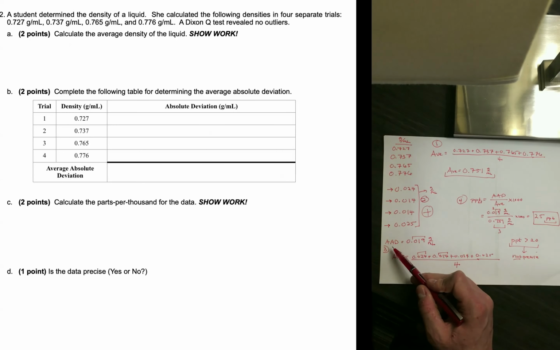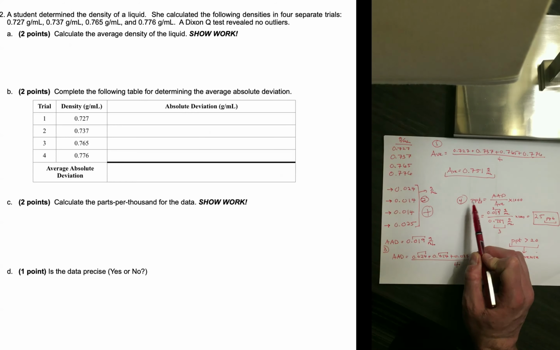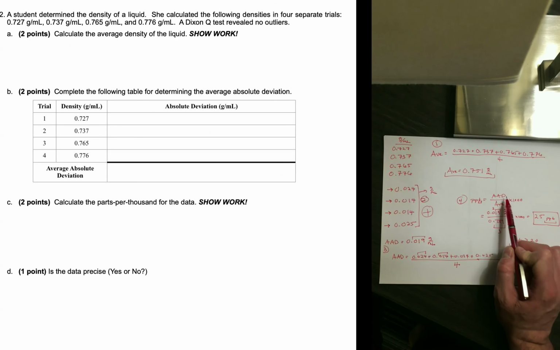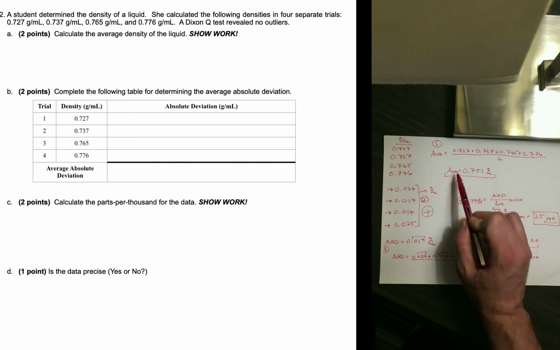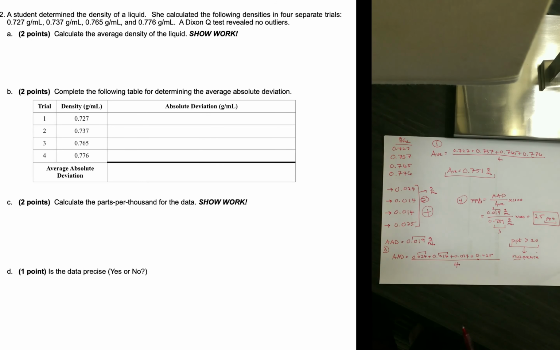And then determine your average absolute deviation, and then calculate the parts per thousand by taking the average absolute deviation, divide by the average from up top, and then multiplying by 1,000. Okay? And then if you want to determine whether or not the data is precise, simply compare the number you get for parts per thousand to 20. And if it's greater than 20, it's not precise. If it's less than 20, it is precise.